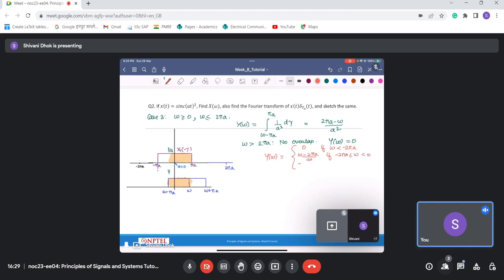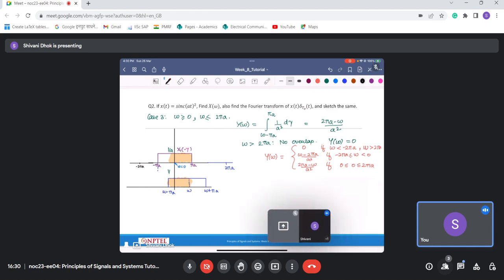It takes the value 2 pi a minus omega by a square if omega lies between 0 and 2 pi a, and again it takes the value 0 when omega is greater than 2 pi a.